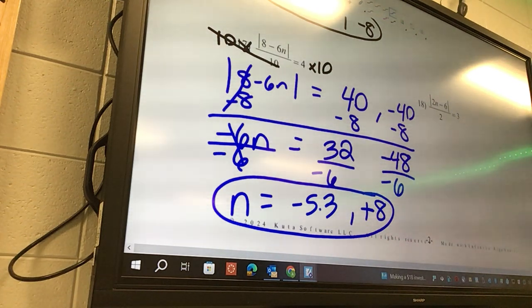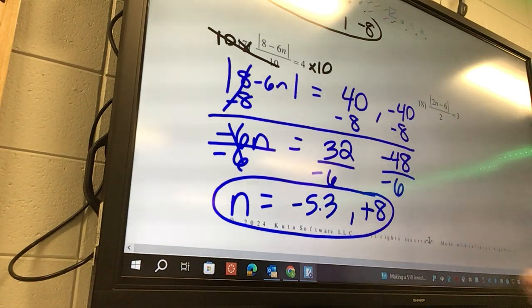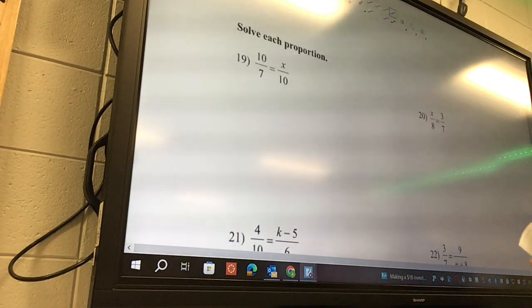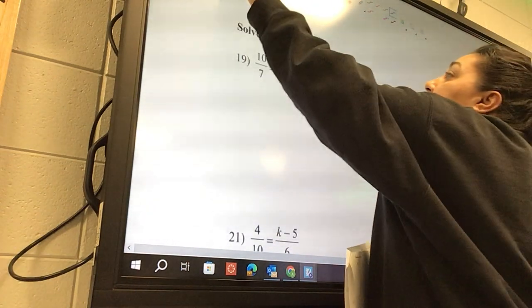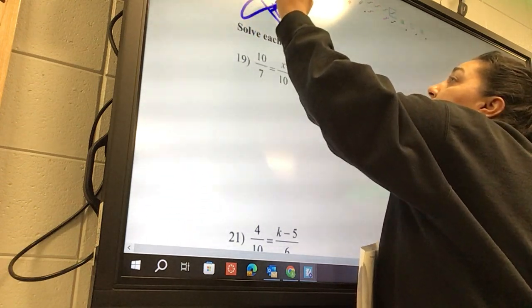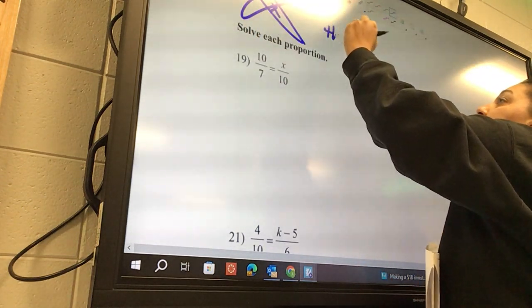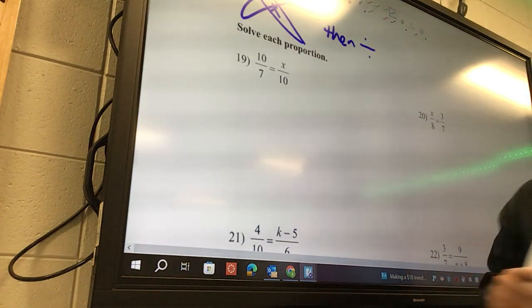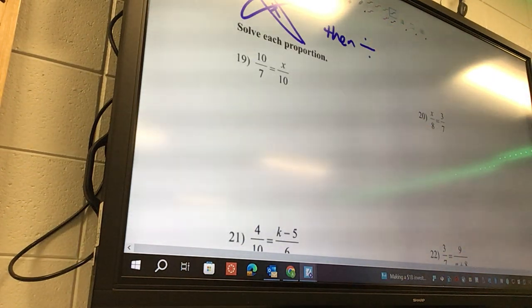Number 19. 19 is going to be cross multiply and divide. So for 19 you're going to times and times and then divide. It's that butterfly method.